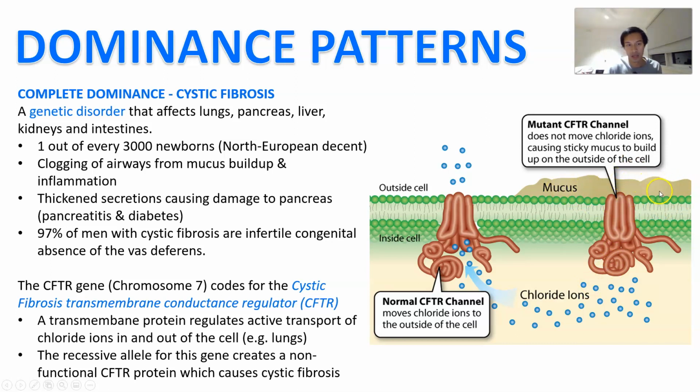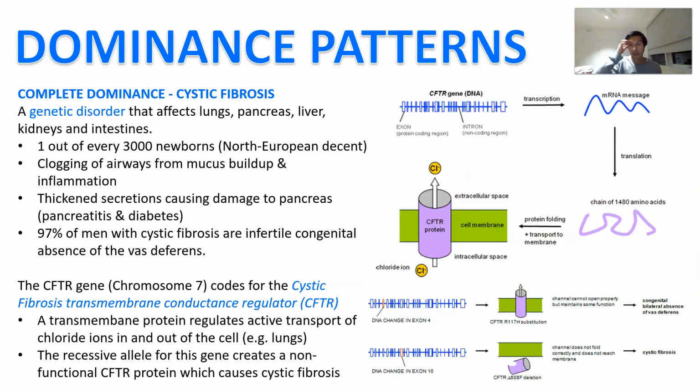And so things like the pancreas or the lungs are going to have a mucus buildup, and that's going to create issues, right? So this is a mutant CFTR channel. At some point in time, there was a mutation which made it ineffective or non-functional. It doesn't do what it's supposed to do, and then that allele is being passed on from parent to child over time.